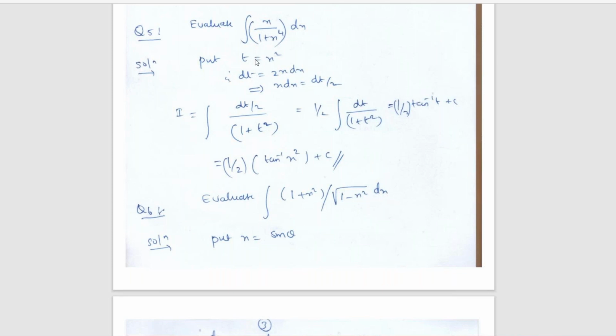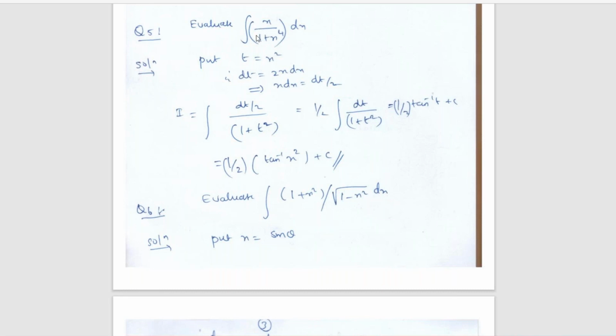If you use the substitution t equal to x square, when you differentiate with respect to x, you will get the numerator term, that is x dx. So take t equal to x square. Now differentiate: dt is equal to 2x dx, so x dx is dt by 2.